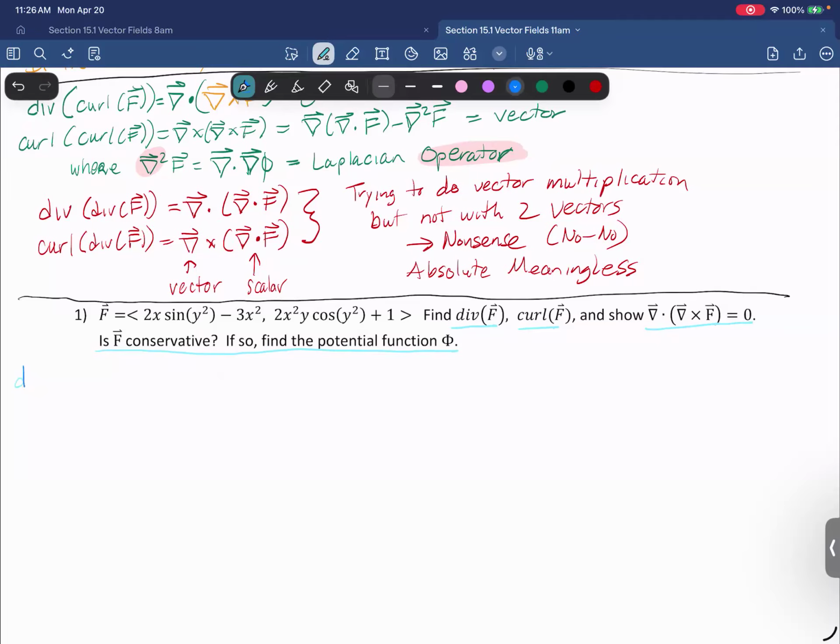Div f, or divergence of f. I strongly recommend you write this down when you do the test, at least this portion.